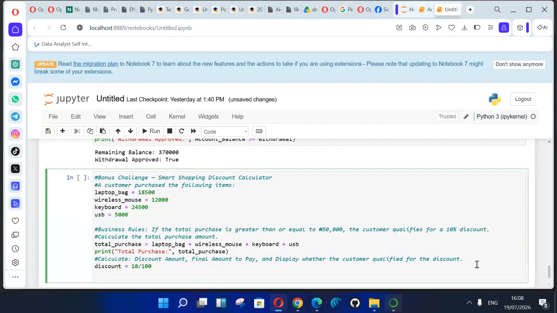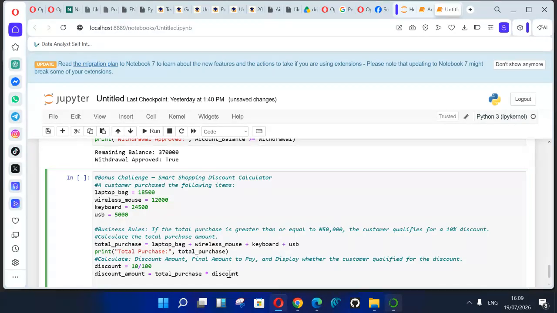Discount amount is equals to total times discounts. Okay, discount amount multiply by discounts.